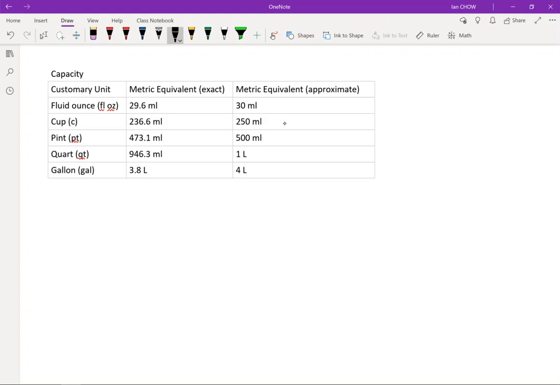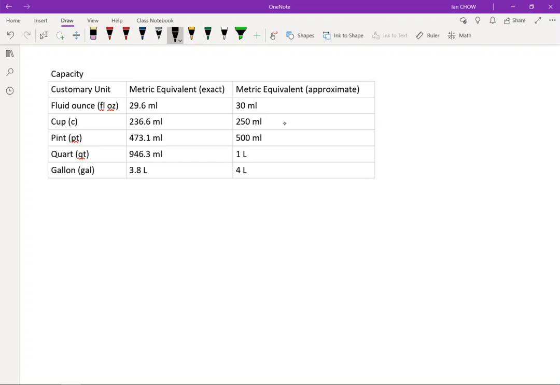If you have a large bottle that can last you a whole day, that's 1 liter, that's a quart. And those large milk cartons, that'll be a gallon.